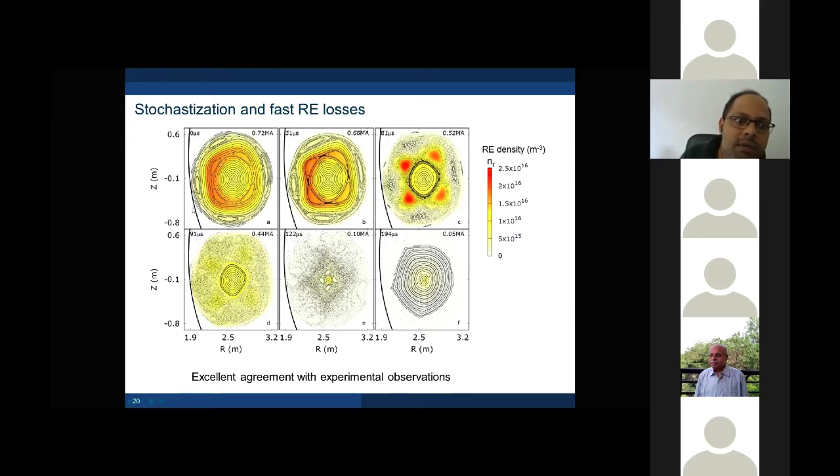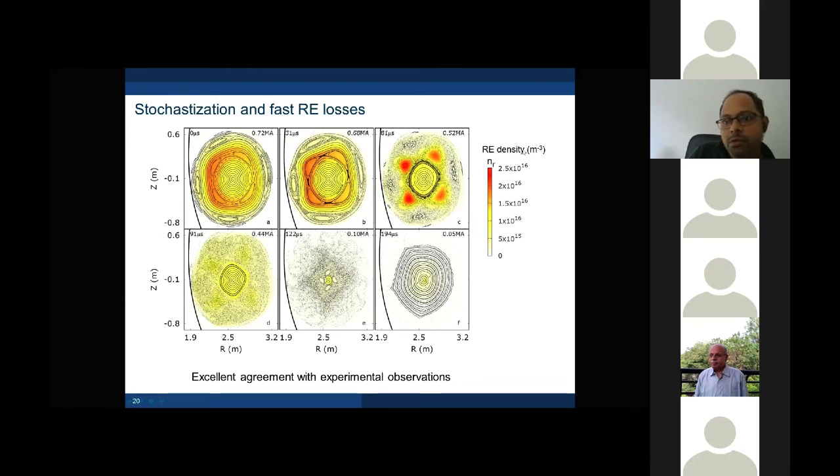This is called a double tearing mode, so to say. So this is, let's say, the source of instabilities at both these locations. And we see that the outer region first stochastizes here, and slowly the stochastization proceeds inward, so that the closed flux surface region is shrinking.